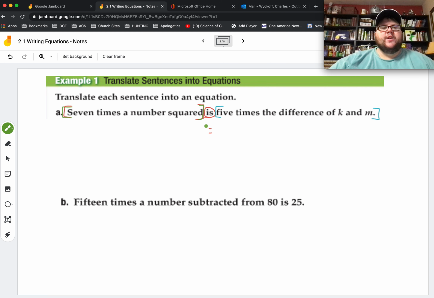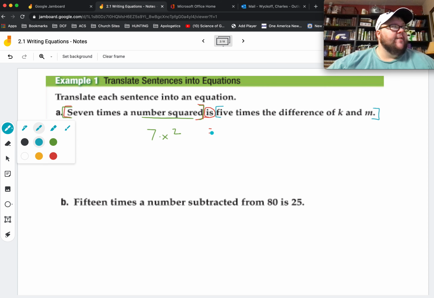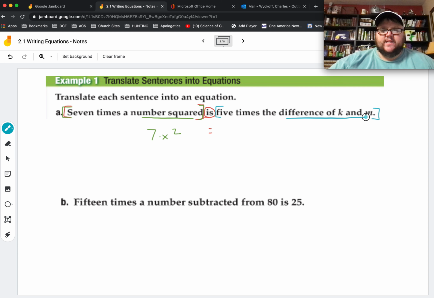7 times a number squared. So that number is squared and it's 7 times. So I'm going to say 7x squared. That's 7 times x squared. Is is the equal sign, which we already have. 5 times the difference of K and M. The difference of K and M means that it is together.